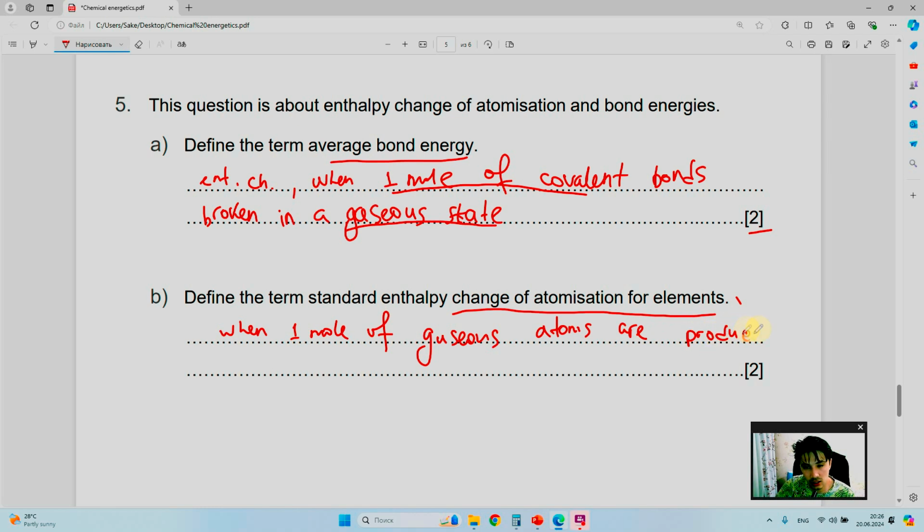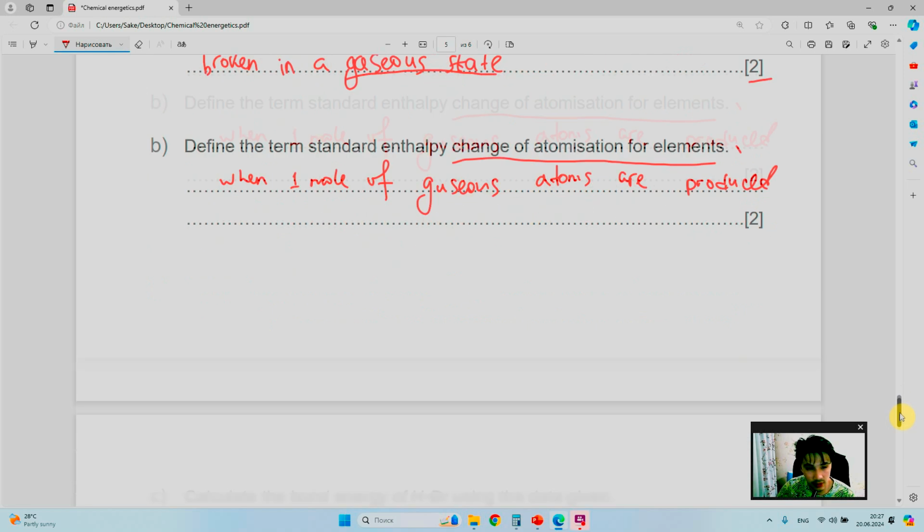It can be produced by breaking some covalent bonds, or if you take, for example, sodium, which usually exists as a solid substance, you simply vaporize it, and vaporization enthalpy is equal to atomization one. So it's not always about the bonds, covalent bonds, and atomization enthalpies. They are not often related to each other. I mean, they are related to each other, but not always.